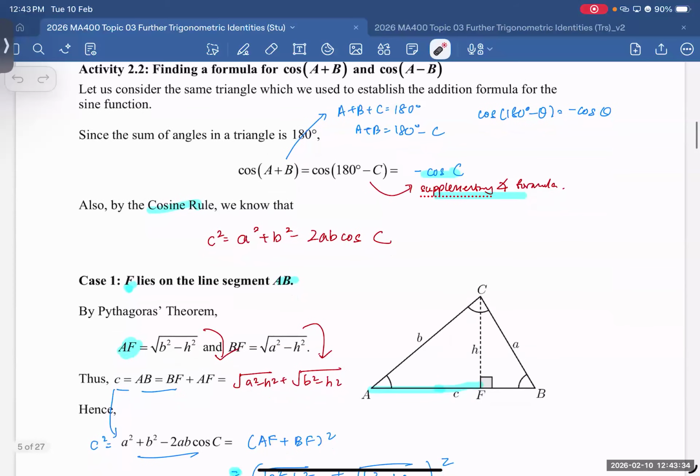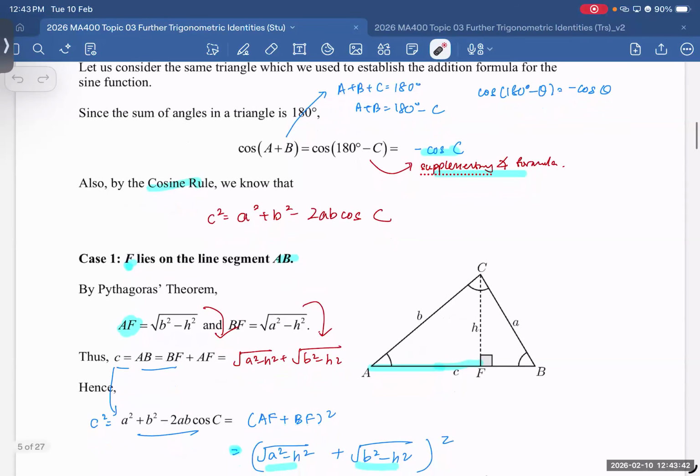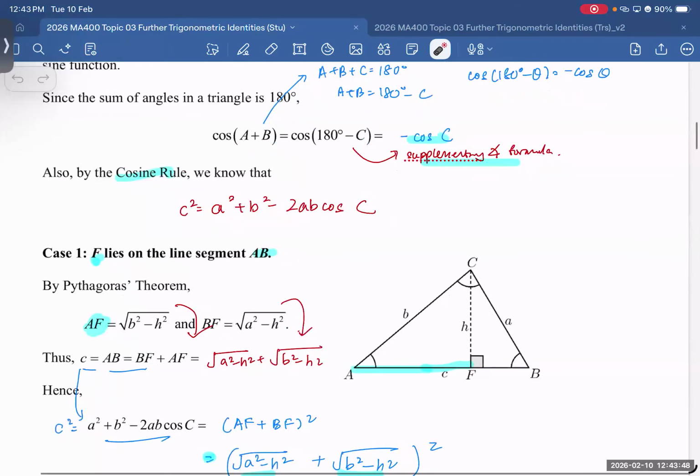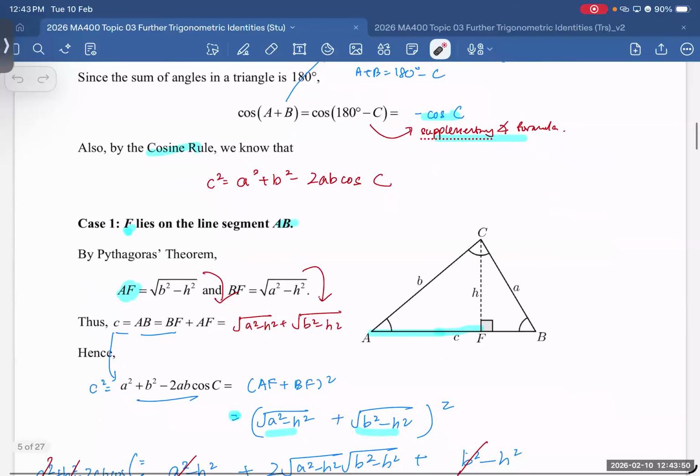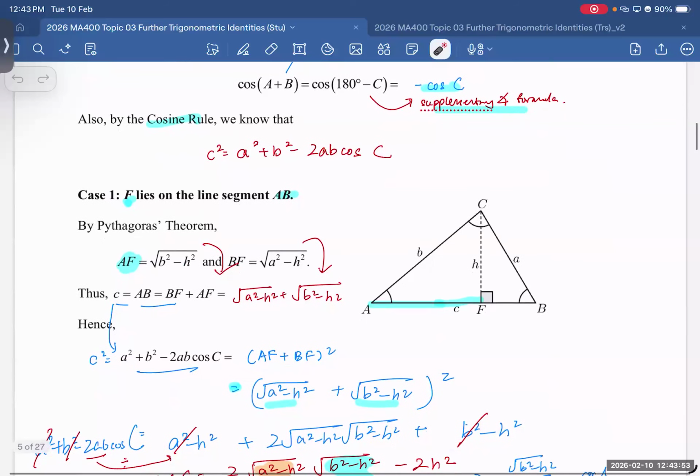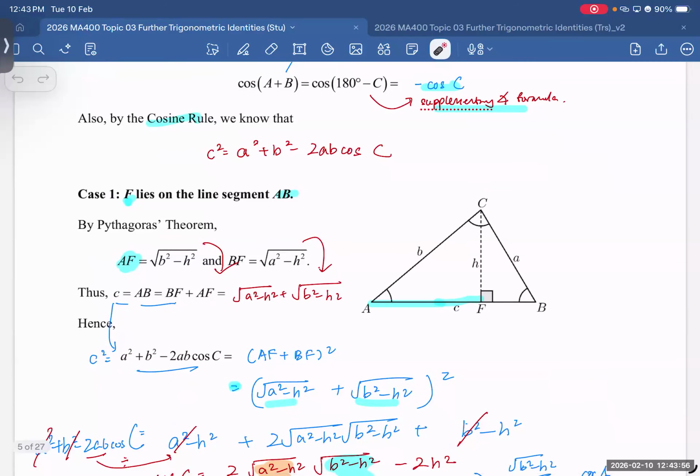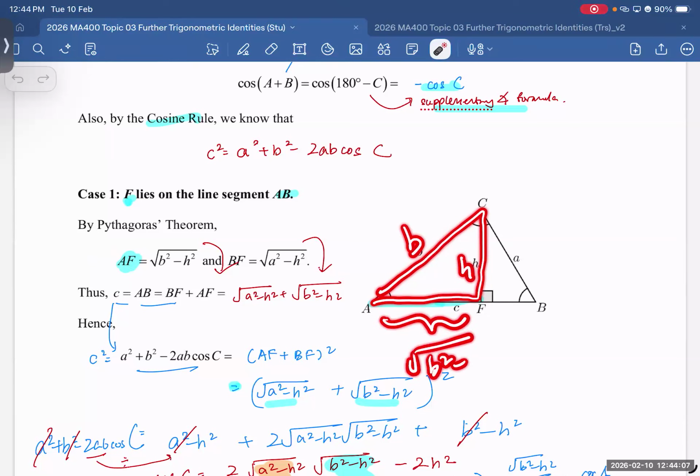So stay with me, because this one, if you don't pay attention, you'll be lost. In all good conscience, for you study math, of course, the straightforward way is to just memorize the formula, but it's also good if you can show the proof. So now, if I look at AF, it is the square root of b square minus h square.